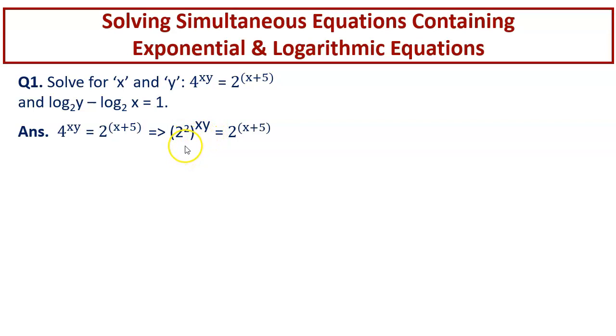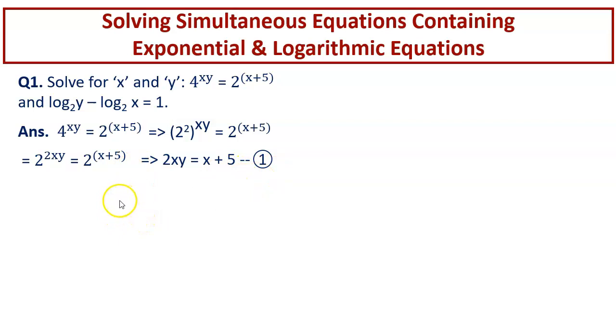So this will be 2 raised to the power of 2 times xy, or 2xy. So this is 2 to the power of 2xy equal to 2 to the power of x plus y. Now since the base is the same on either side of the equal to sign, we can equate the powers and it will be 2xy equal to x plus y. This becomes our equation number 1.